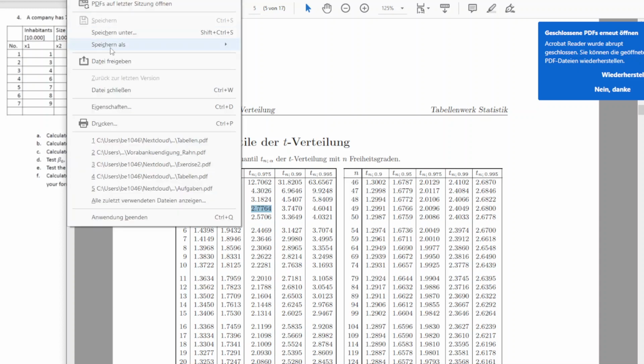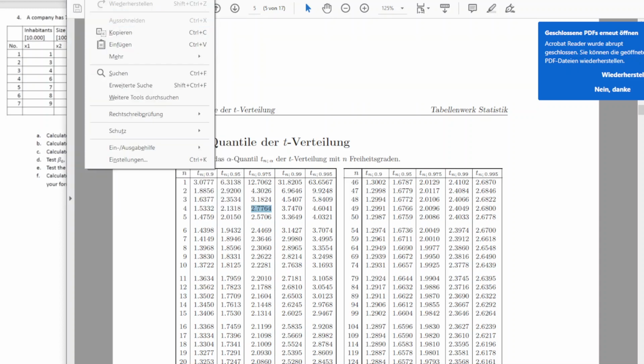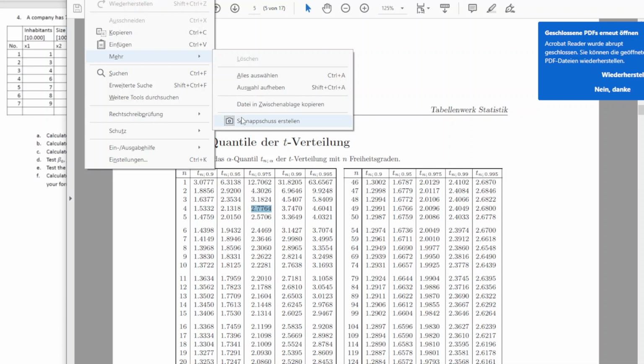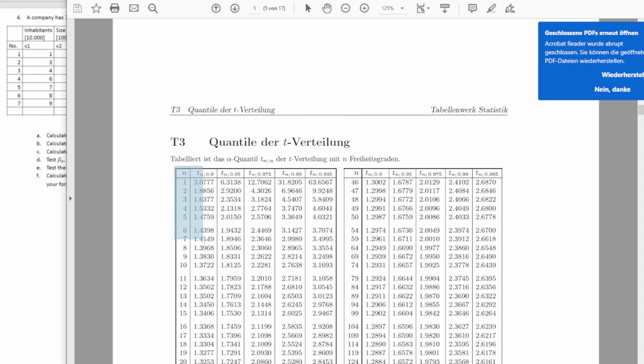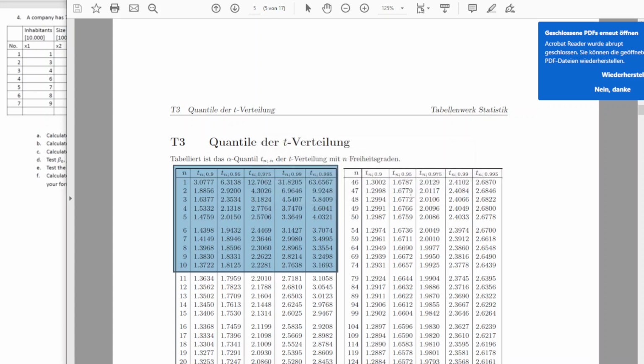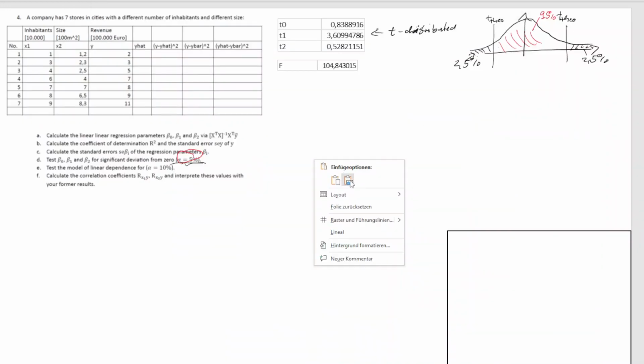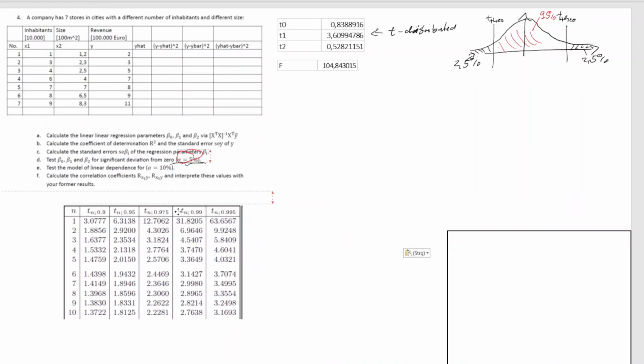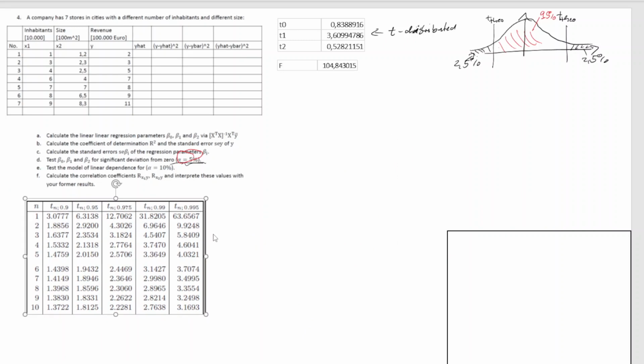So this one. Let's cut this for the t distribution.